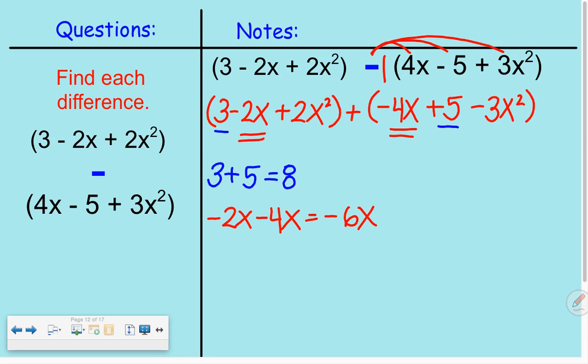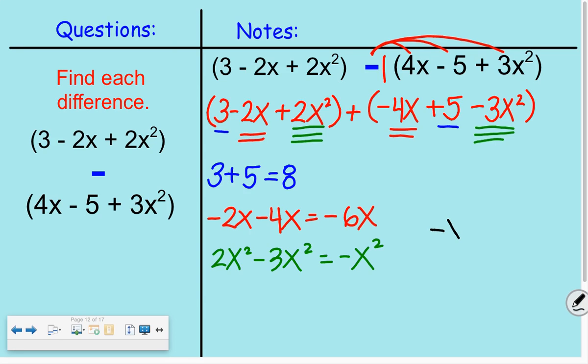That's how you know if it's positive or negative. 2x squared and negative 3x squared is negative 1x squared. So when I write my answer, I'll go from biggest exponent to smallest, so negative x squared minus 6x plus 8.